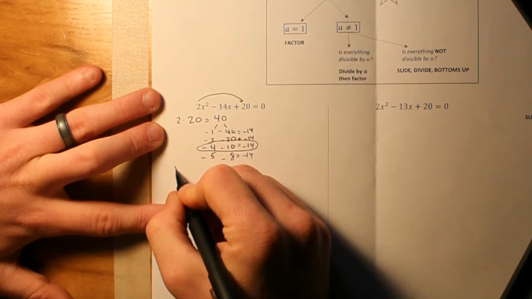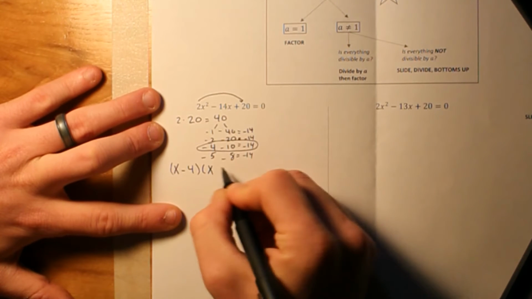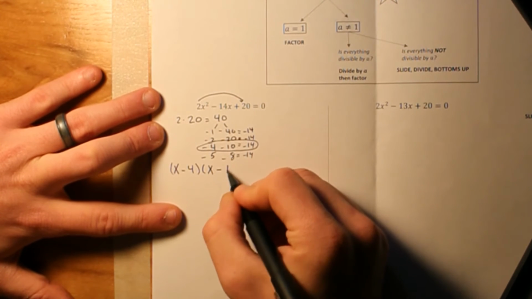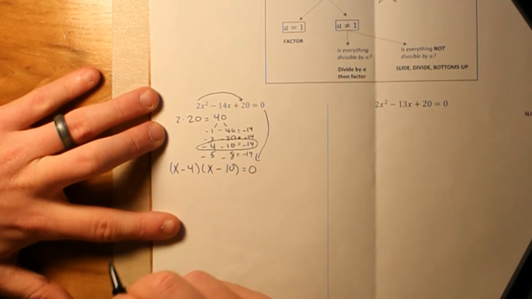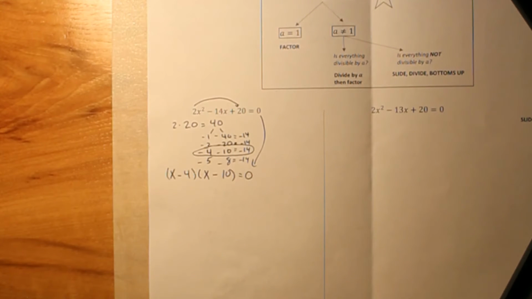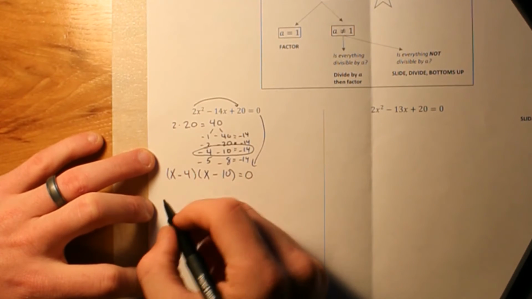Now, just like before, I'm going to write down the two pieces, x minus 4, x minus 10, and don't forget the equal to 0. In this slide, divide, bottoms up method, we need to divide by our a value.